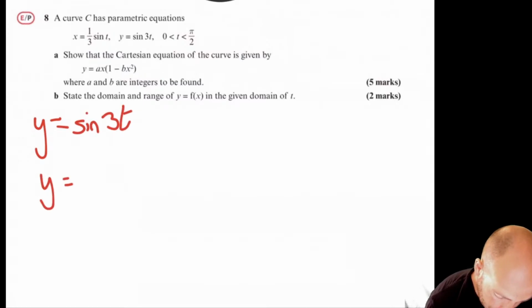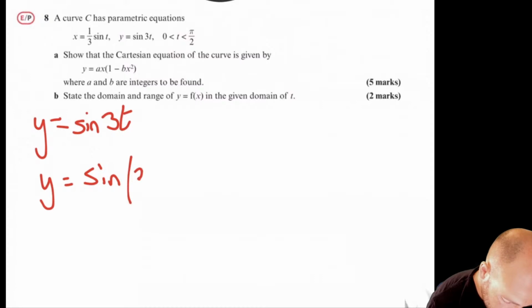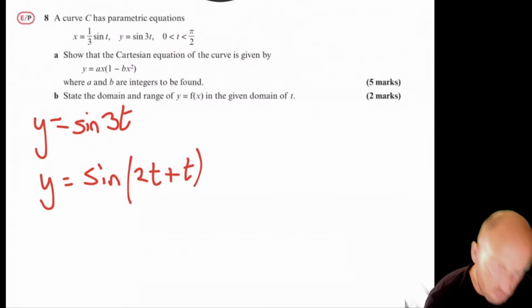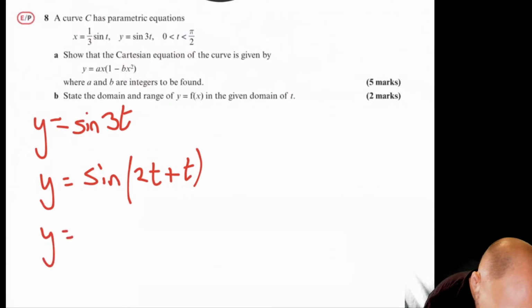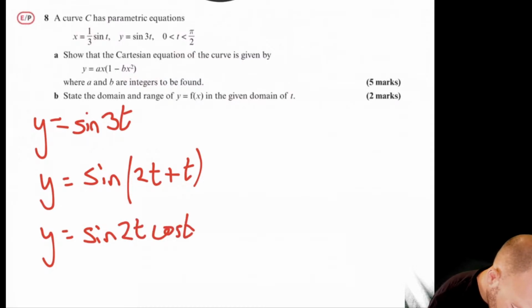I could make that sine of 2t plus t. I think this is the way to go about this. So we can say that sine 2t cos t plus cos 2t sine t.